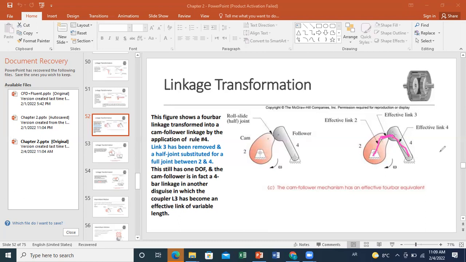So this is equivalent to a 4-bar linkage, but the difference is that this link here is of variable length, because if you consider a new position of your cam follower, for each position you draw your contact line here, and you consider, let's say, the intersection between 2 lines of your cam and follower with the contact line, you will have 2 new points.